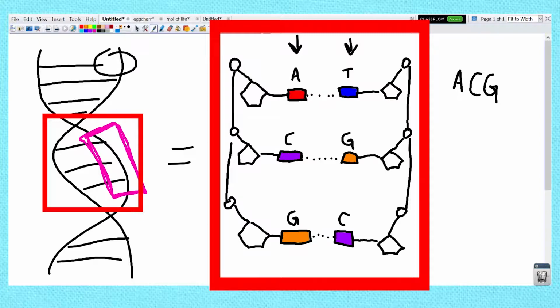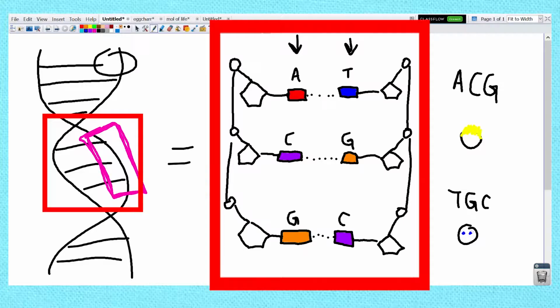You can have 6 feet of this stuff, and this could be, again, one tiny little bitty millimeter of it. ACG is going to tell our body to do something. Our body reads ACG, and it says, oh, that's the code for blonde hair. So it's going to give you blonde hair. On the right side, TGC might be the code for blue eyes. So it's going to give you blue eyes.